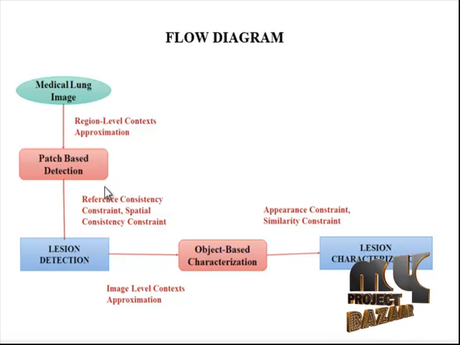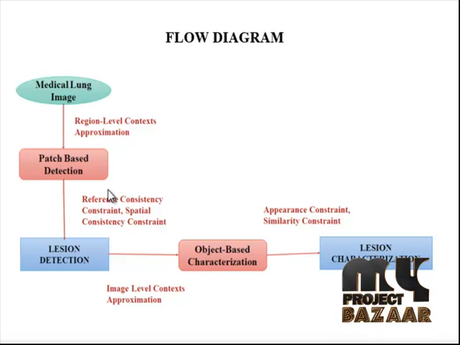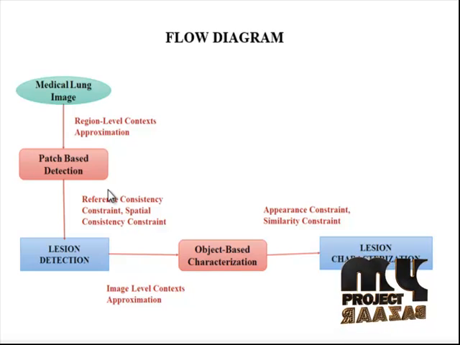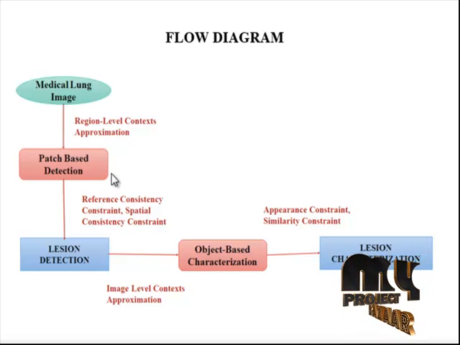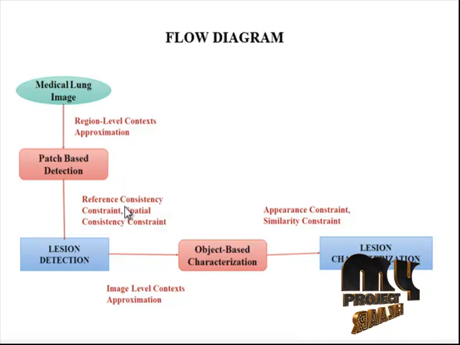In spatial consistency, a constraint is used to encode the spatial consistency preferences into the labeling phase. Finally, patch-based detection is performed. Label the patches into LF, MS or LS categories. The LS patches would be the lesions detected.